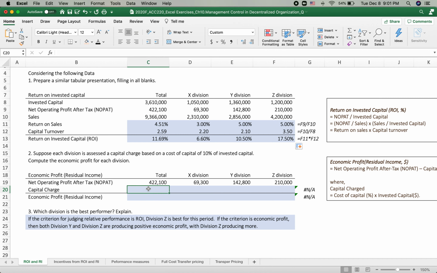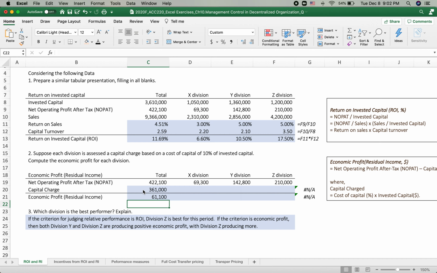So we need to calculate the capital charge by multiplying invested capital by 10%, which is the given cost of capital. So the capital charge is 361,000. For economic profit, residual income, we subtract this capital charge from NOPAT.